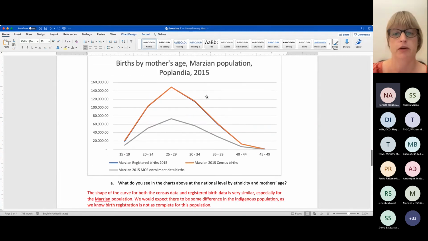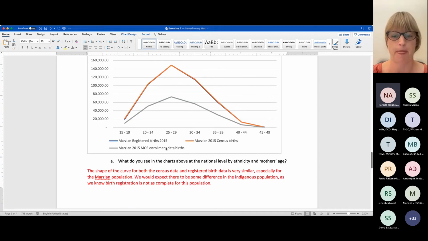Similarly with the Marzian, the census and the registered births align very closely, and we know that Marzian registration is pretty high, so we feel pretty good about the shape of this curve and that we could use the census data for analysis. And we aren't too worried that it doesn't match the Ministry of Education because, again, we know that there was an issue with other parts of that data.